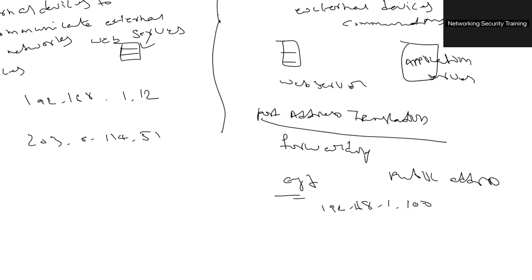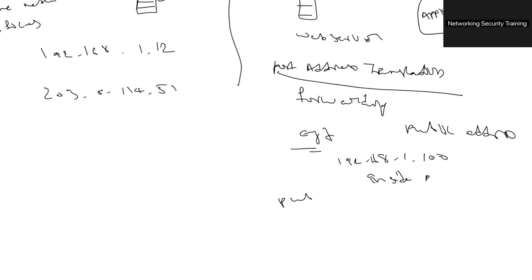Sorry, one minute, I will check. Okay, these are inside the private network, correct. And this router has a public IP address.